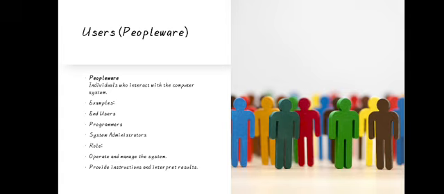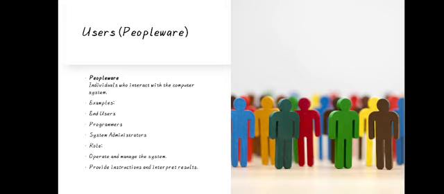Next, end users: people, individuals who interact with the computer system. Examples: end users, programmers, system administrators. These are the people who work, operate and manage the system, and provide instructions and interfaces. These users provide instructions and interpret results.